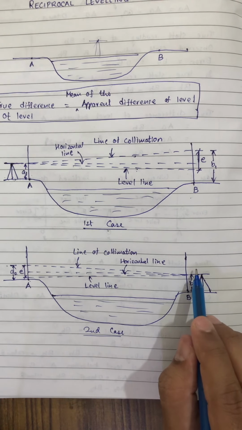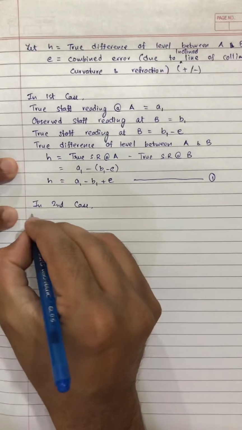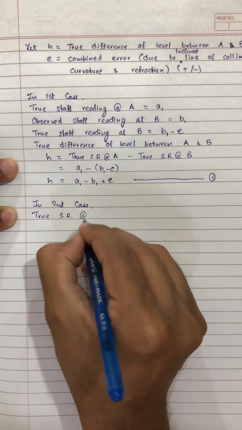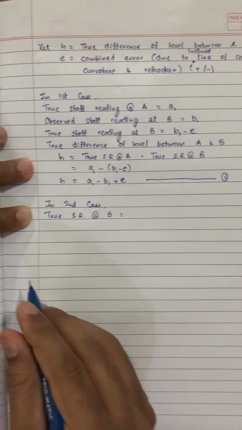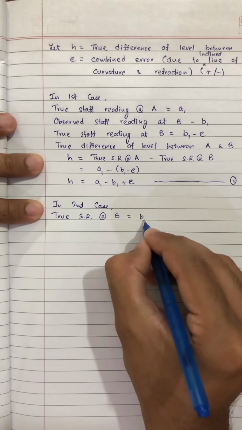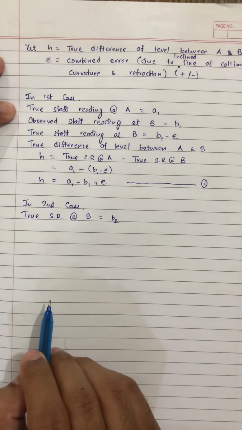So we can get the exact reading as B2. True staff reading at B will be equal to B2, because the level is very near to point B.